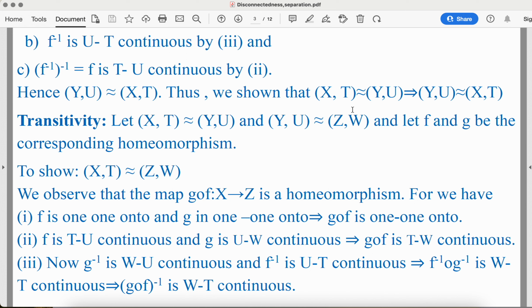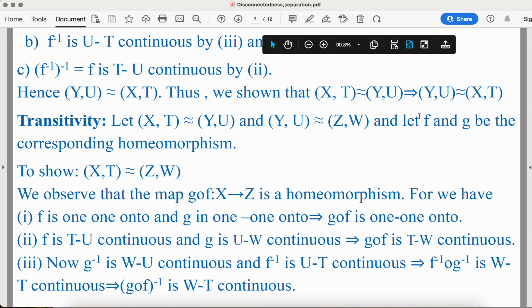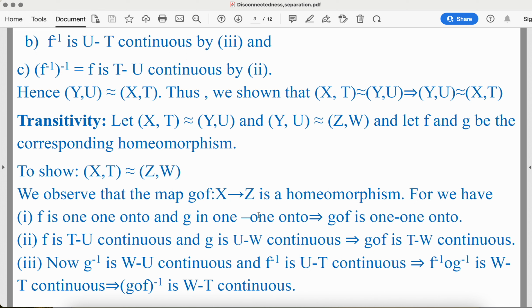We observe that g∘f, meaning the composition mapping of g and f, is a homeomorphism from X to Z. Why is this true? Because f is a homeomorphism, it is 1-1 and onto. And g is also a homeomorphism, so g is 1-1 and onto.